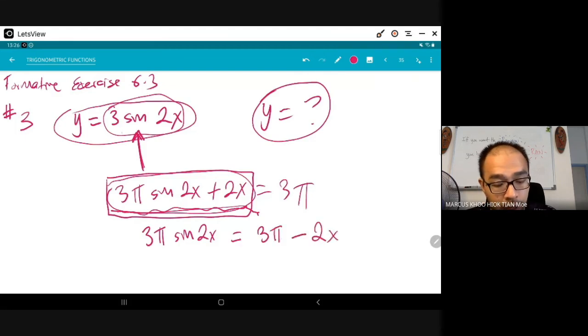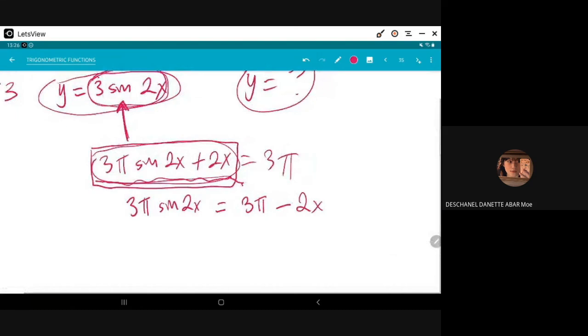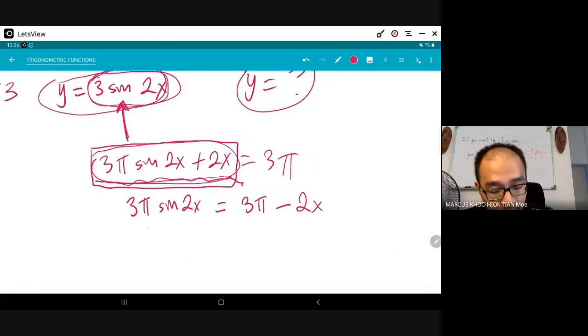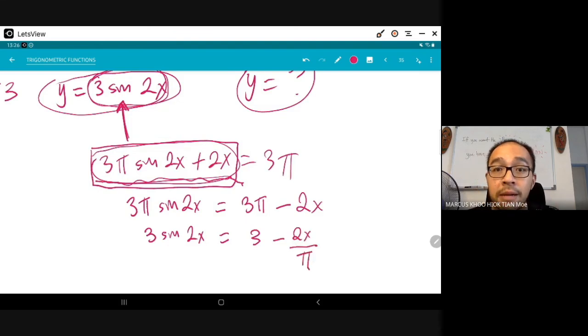But we still haven't got 3 sine 2x. So what is the next thing I should do? Divide by pi. Very good. So 3 sine 2x equals 3 pi divided by pi will be 3, minus 2x over pi. And then you are at the place where we have been since the beginning.